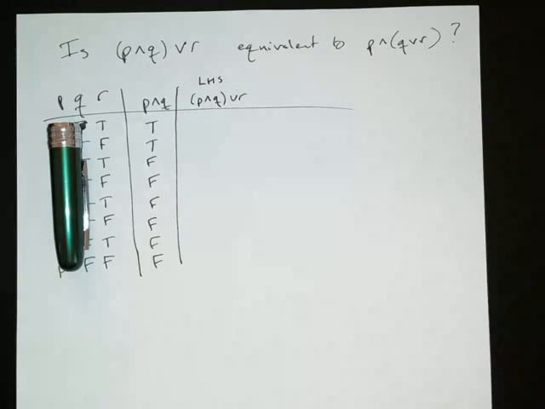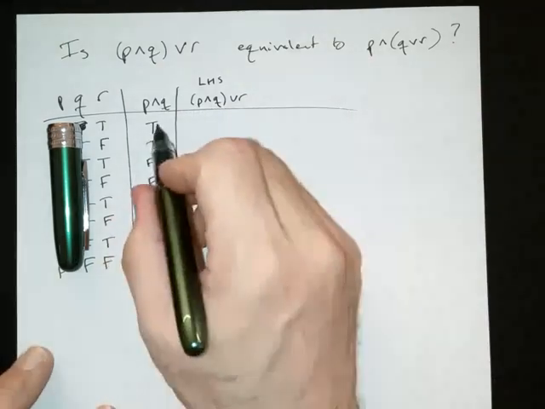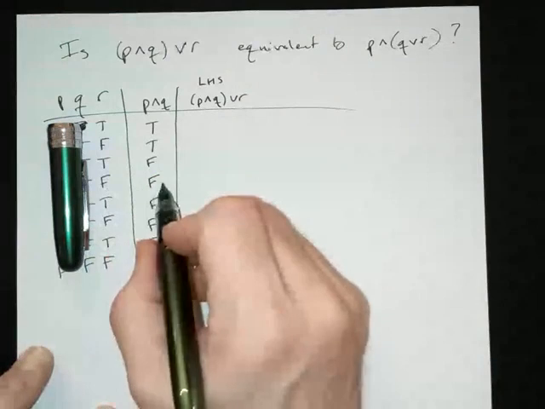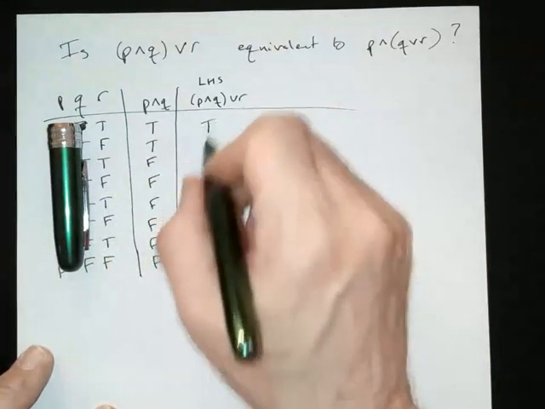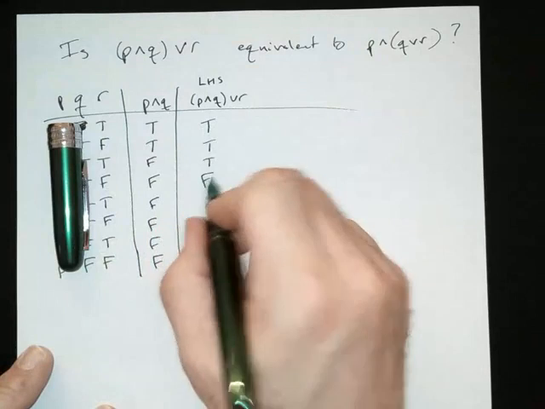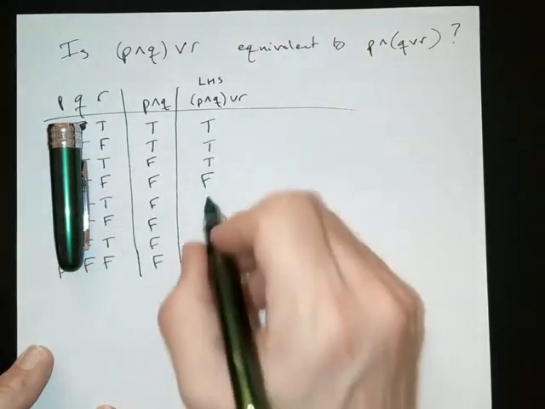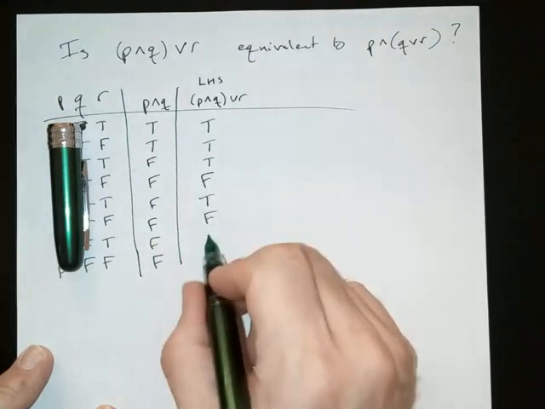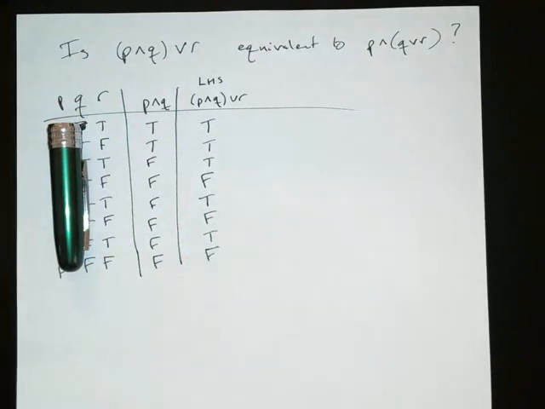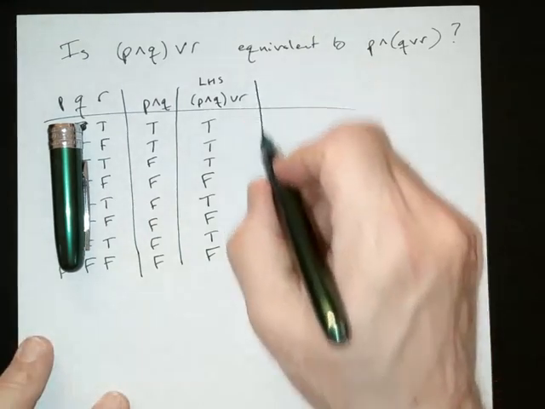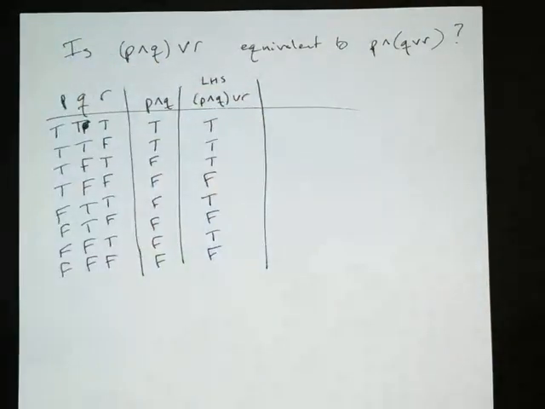This is the inclusive or, so I just need at least one of them, which means yes, yes, yes, no. And then again, yes, no, yes, no. Okay, that's my left-hand side. Questions about how I got there?